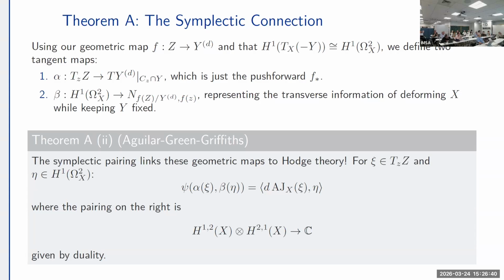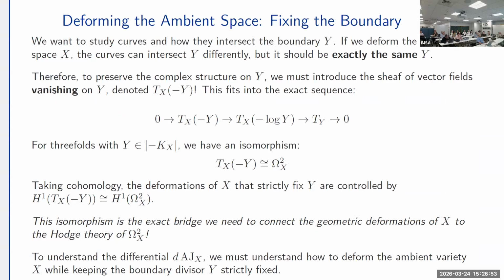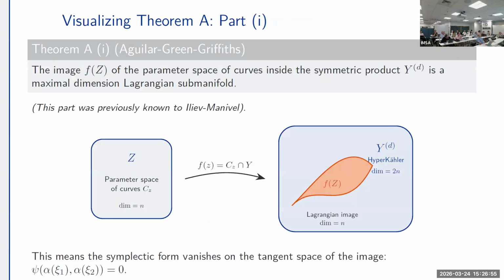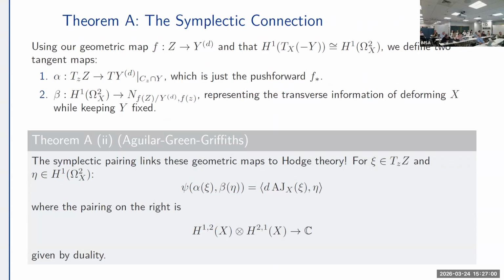So the symplectic pairing, this is on the Y to the D, the symmetric power of Y, links Hodge theory and the geometric maps, two maps that I have here. One map is given by the differential of this map. This is F. I'm taking the differential of this. The other map is given by using the universal deformation associated to this problem.